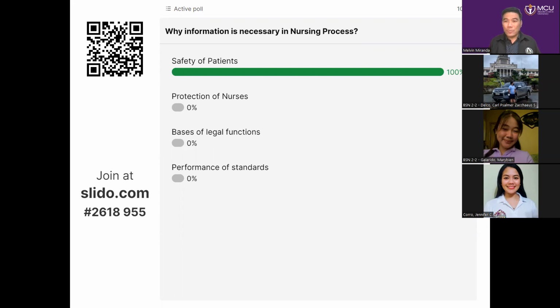So I hope everyone, again, will visit slido.com and use the code 2618955. Why is information necessary? These are the choices: safety of patients, performance of standards, protection of nurses, and basis of legal functions.